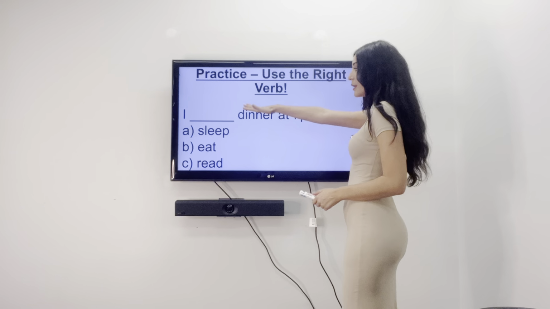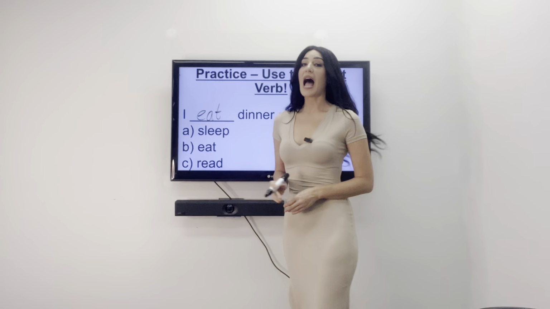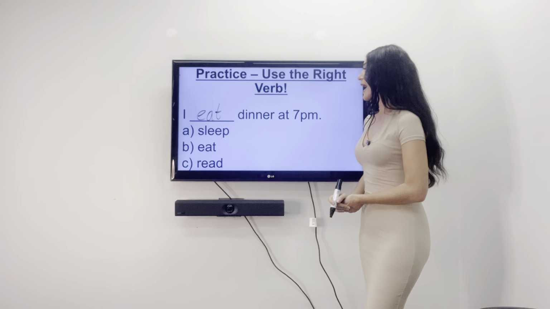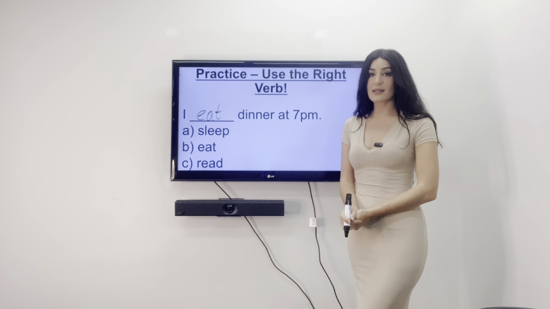I sleep dinner at 7 p.m. I eat dinner at 7 p.m. or I read dinner at 7 p.m. What's the answer? Eat. Well done. I eat dinner at 7 p.m. This is a very simple sentence, but I'm just trying to get you to understand what these verbs mean in context.